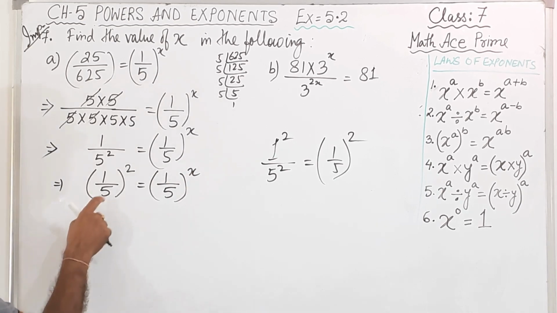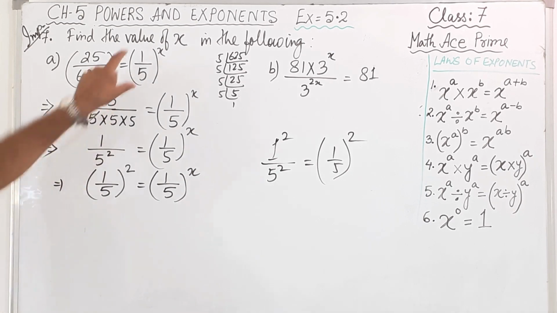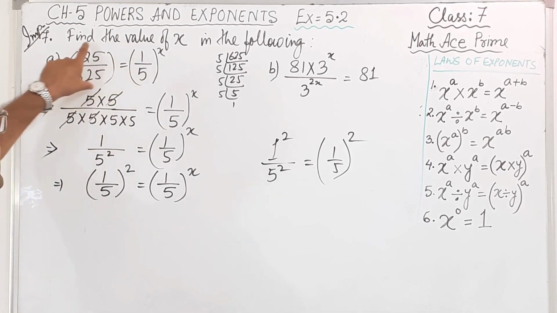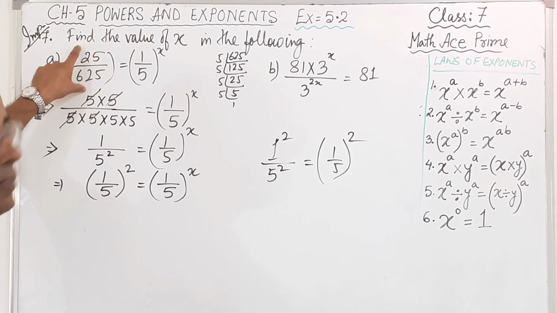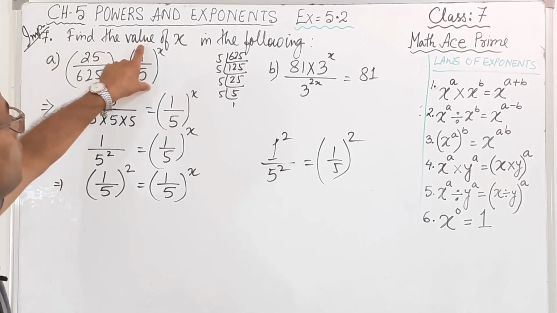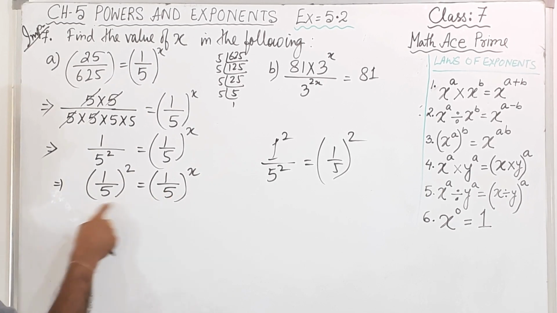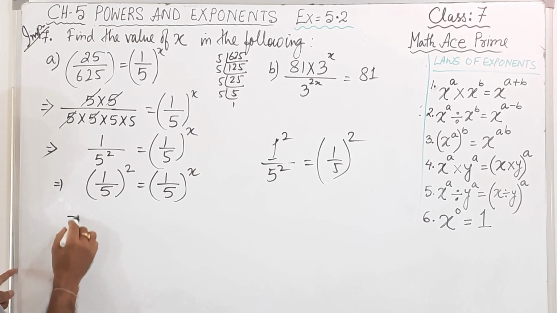For these type of sums, we have to bring the base the same. So you can see here the base is 1 by 5 and this side the base is 25 by 625. So I have to make this side also 1 by 5. Now see here the bases are same. If bases are same, both of them disappear. So what is left?